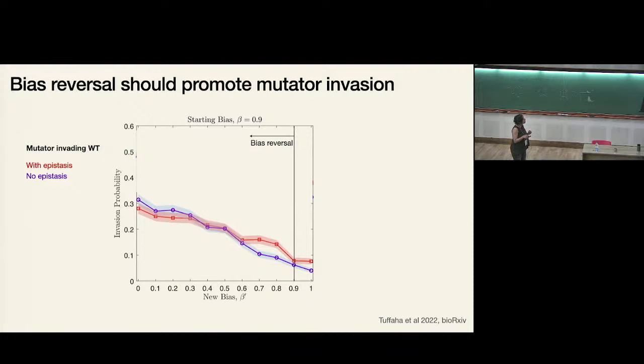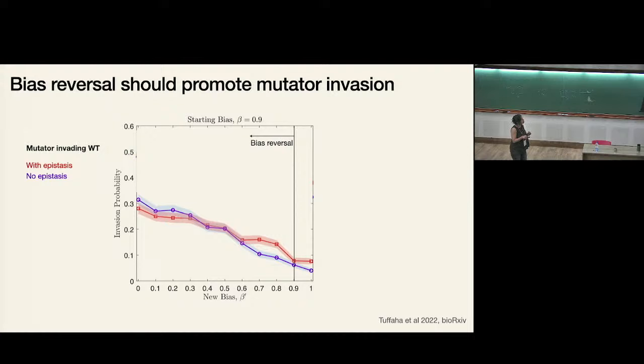What do you find? You find that overall, the probability of invasion reduces as the new bias shift is very close to the existing bias. And there's very low probability of invasion if your bias is going in the opposite direction to what existed already here, making it more extreme.